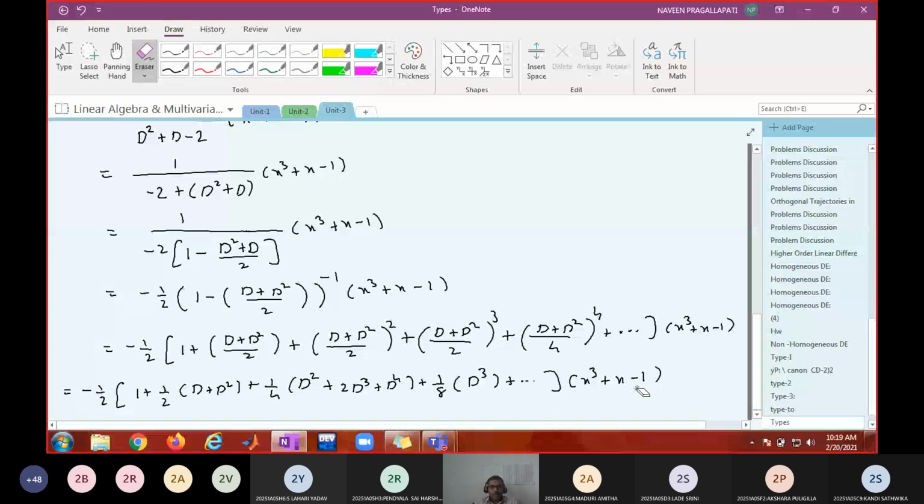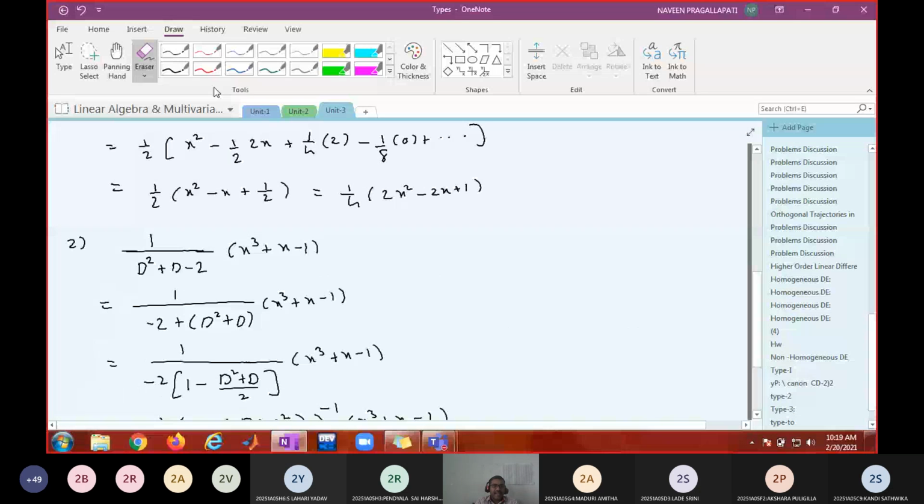And even if it is a polynomial, you don't need to write it as 1 by f of d of x cube plus 1 by f of d of x minus 1 by f of d of 1. Like that also you don't need to write down. That will again increase the work. It will take time. Okay. You take the whole polynomial as it is. Apply each term on the polynomial. Don't apply this 1 by f of d to each term in case of a polynomial. Is that fine? Yes. Right.